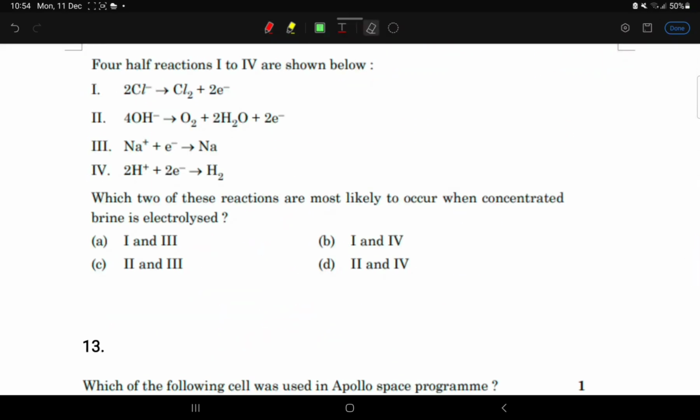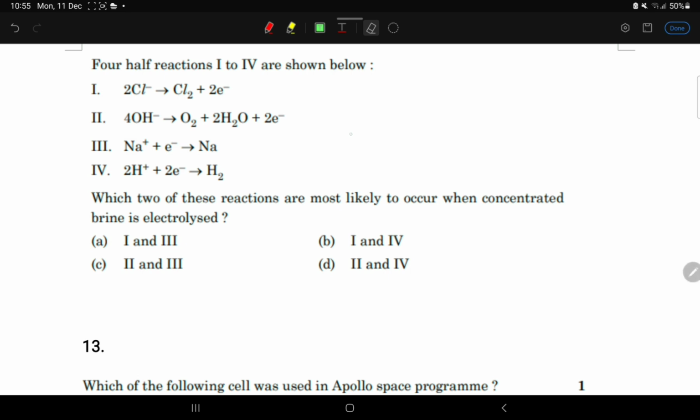Half reactions 1 to 4 are shown below. 2Cl minus gives Cl2 plus 2 electrons. 4OH minus gives O2 plus 2H2O plus 4 electrons. Na+ plus electron gives Na. 2H+ plus 2 electrons gives H2. Which of these reactions are most likely to occur when concentrated brine is electrolyzed?